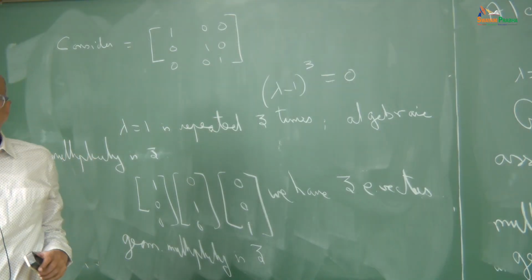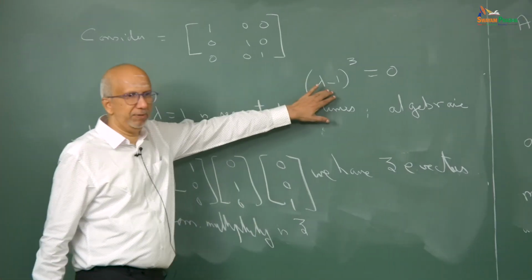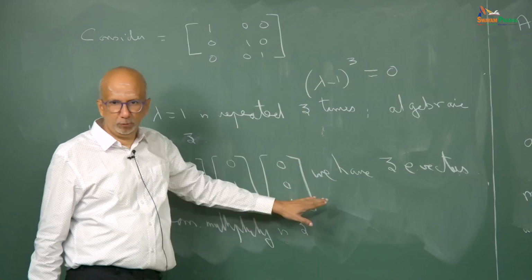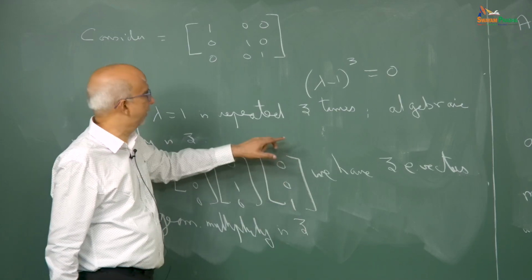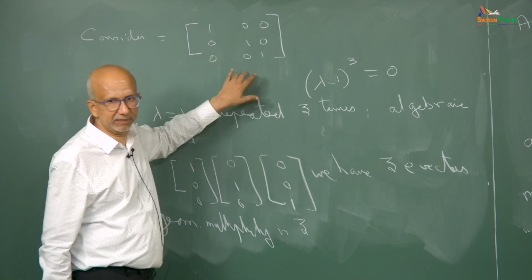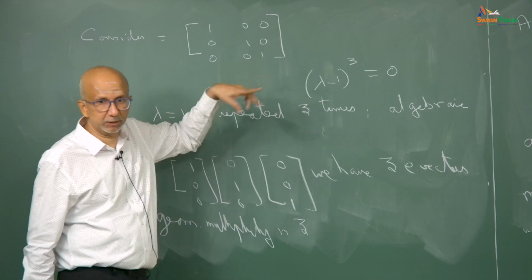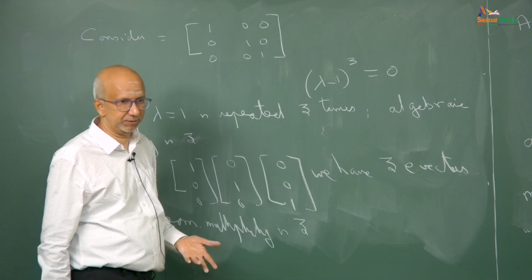Okay. But you can have some other case where an eigenvalue may be repeated 3 times, but the eigenvectors will be only 2 or 1. So, for example, if the rank of this A minus lambda I is, in this case it becomes 2, I will have 1 eigenvector. If the rank is 1, I will have 2 eigenvectors. If the rank is 0, I will have 3 eigenvectors.